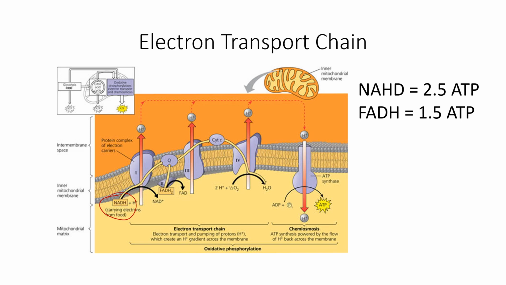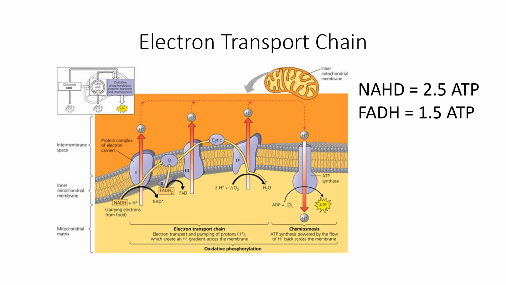What's going to happen is it's going to lose its hydrogens and electrons, and it's going to go back to being NAD. And that NAD then can go back and participate in the citric acid cycle or in converting pyruvate into acetyl-CoA. All right, so that's the first step of the electron transport chain, is to have NADH become oxidized.